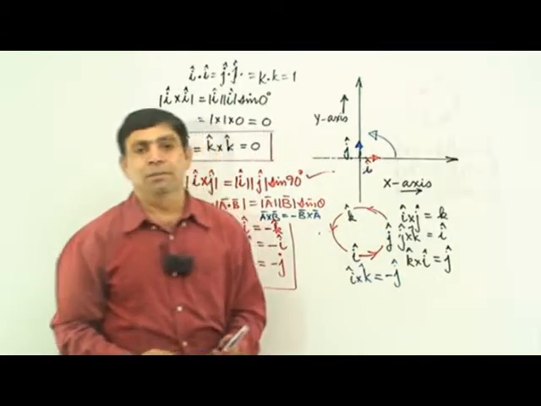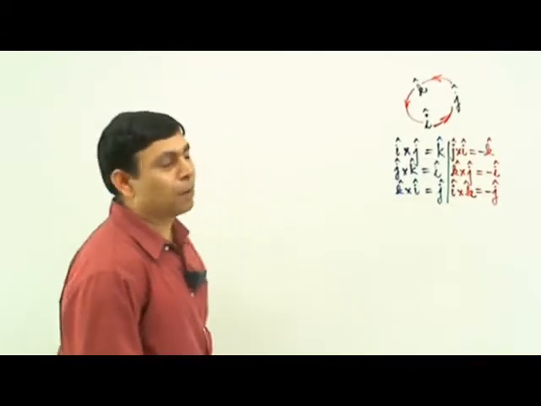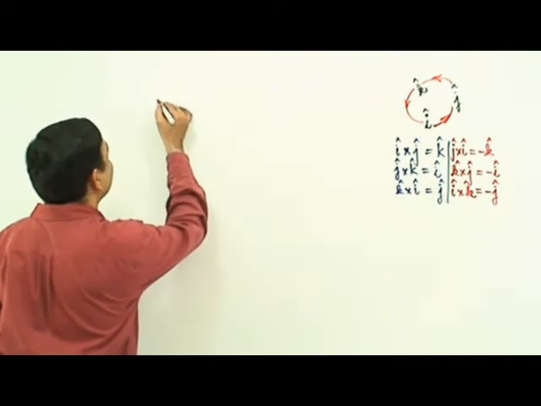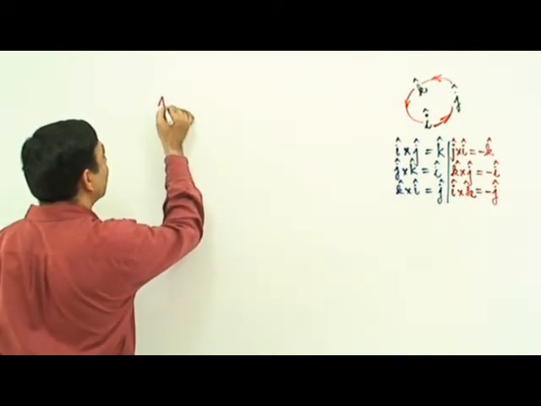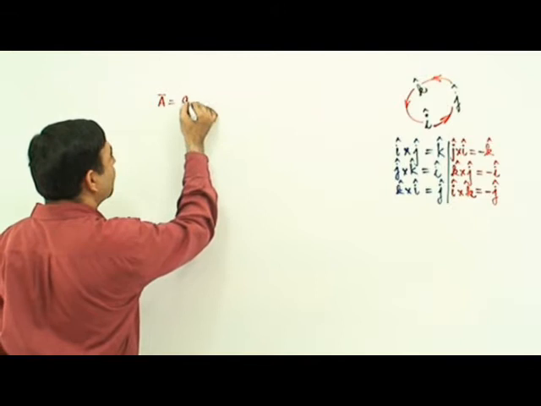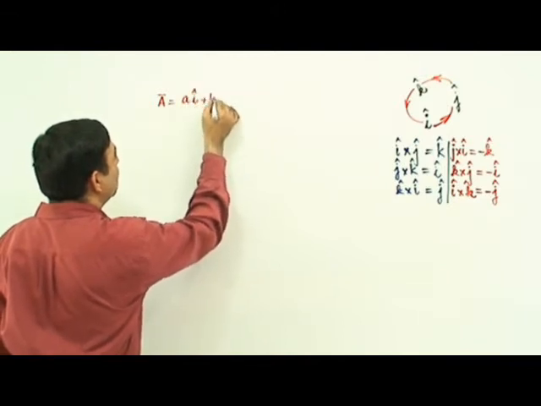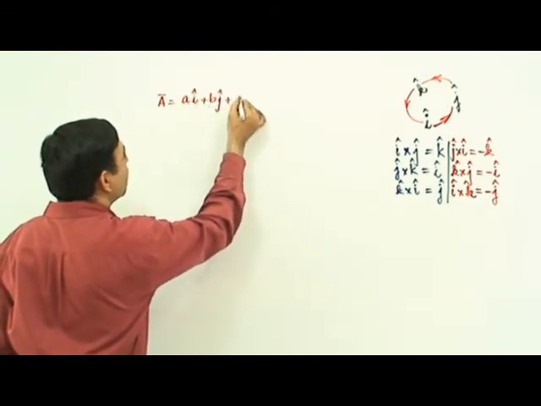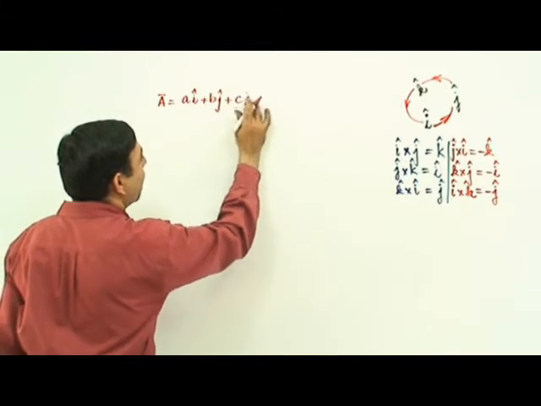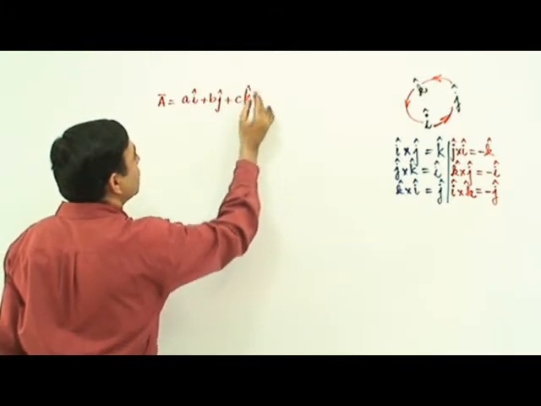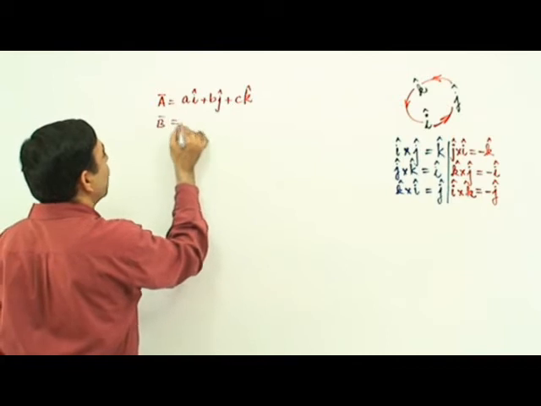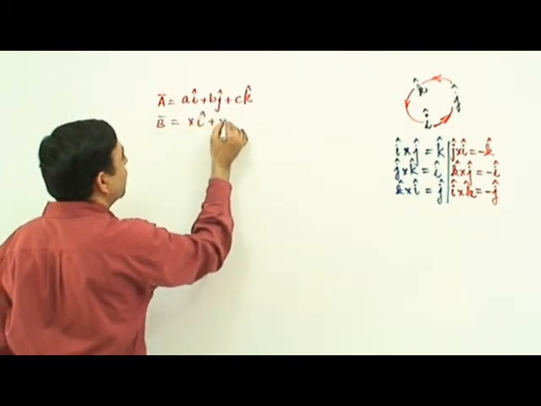Clear? Let us take a simple example of computing a cross product involving vectors in terms of i, j, k. Suppose vector A is represented as ai plus bj plus ck, and vector B is written as xi plus yj plus zk.